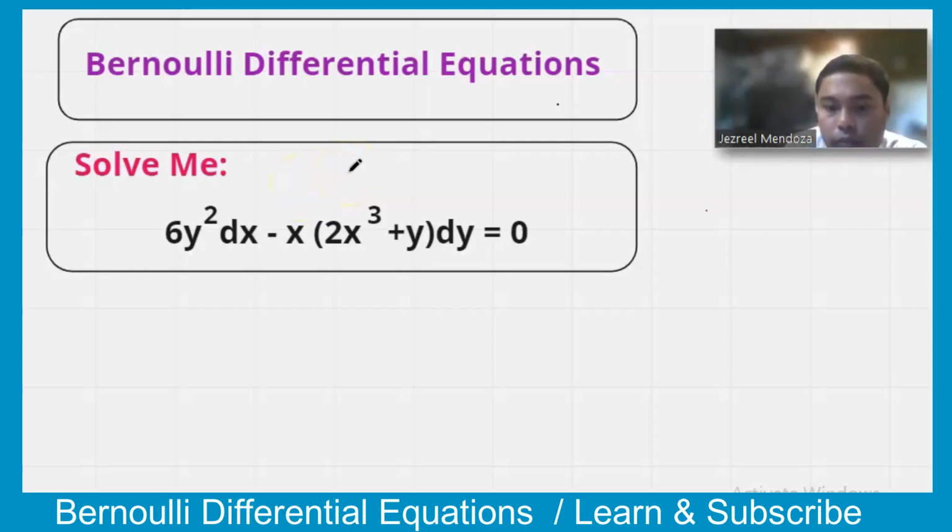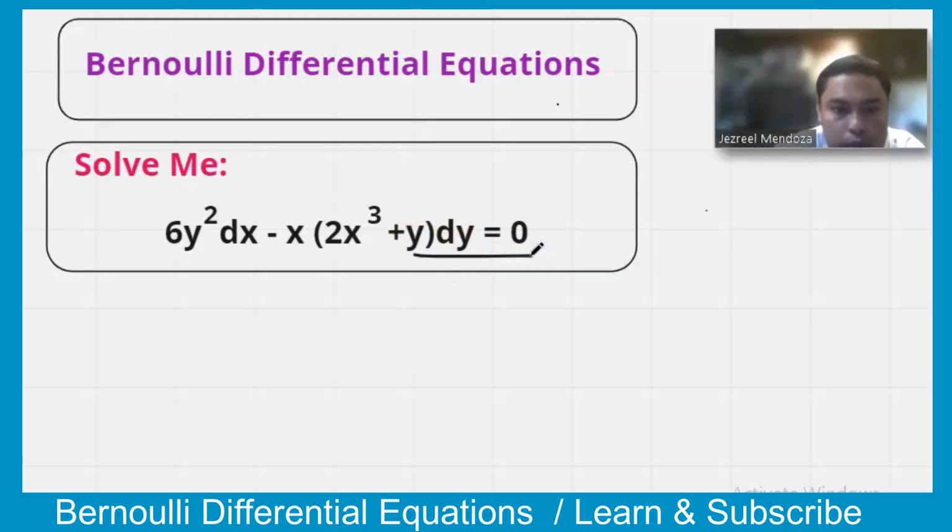This time, we will discuss Bernoulli differential equations and how to solve this type of equation. We have a problem: 6y squared dx minus x quantity 2x cubed plus y dy is equal to 0.